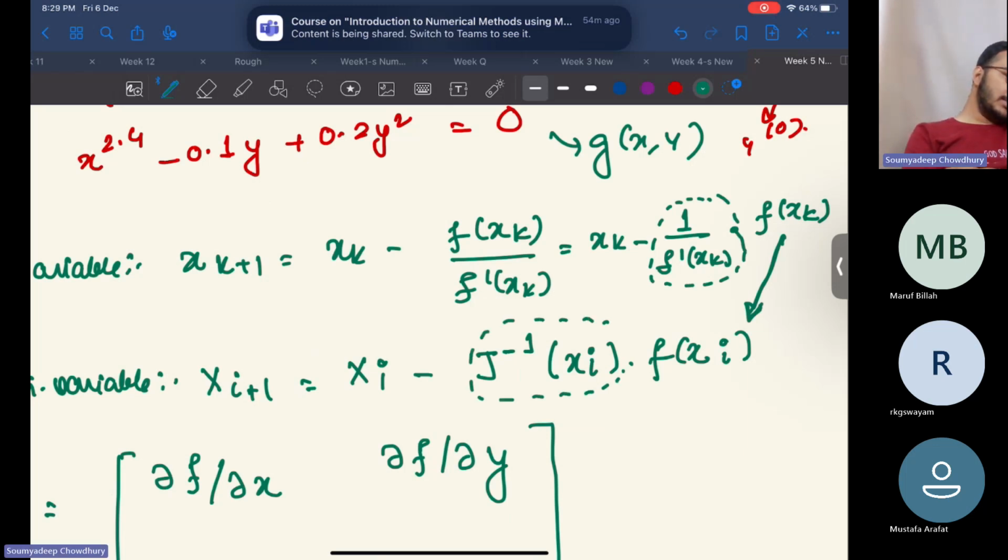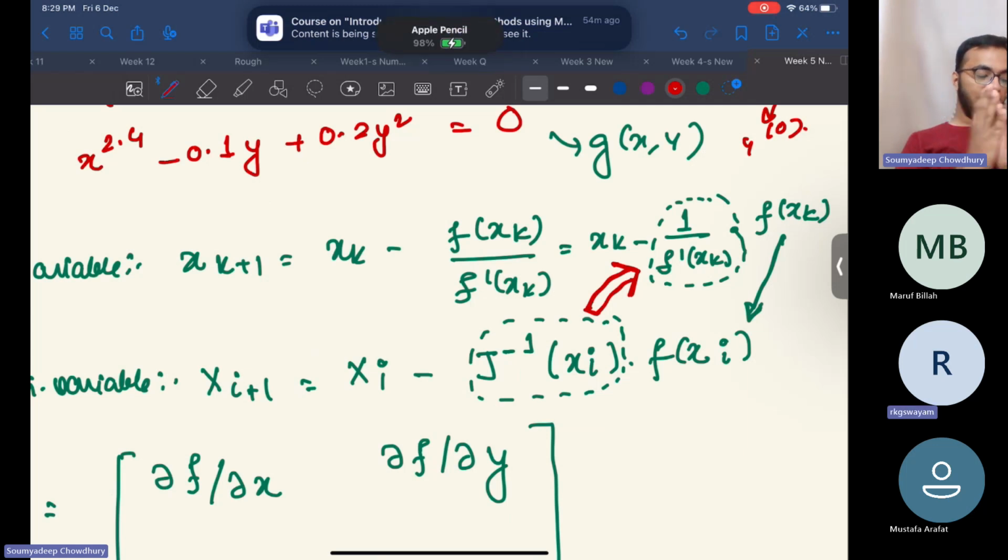This Jacobian inverse is somewhat representative of the derivative of the functions, right? That's why we are using J inverse here. I think there will be some derivation for this also. I'll check how this J inverse is coming. If you compare your single variable and the multivariable iterative formula, you can at least find some correlation. Yeah, it's clear. Thank you.